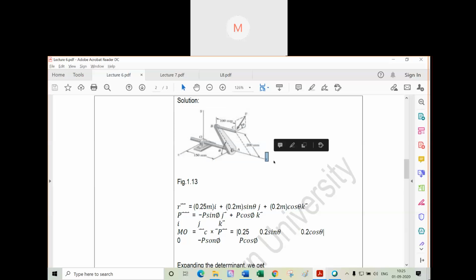This is x, so you have to consider this part and this part. Up to this part, this is how much? 100 mm. So this is 0.25. Now similarly, here it is 0.2, and here it is 0.2. This is how we will have to do it.